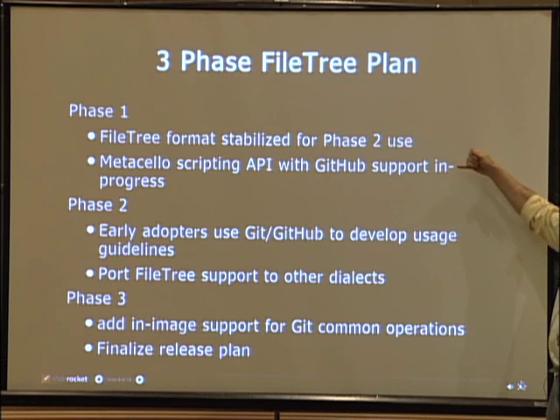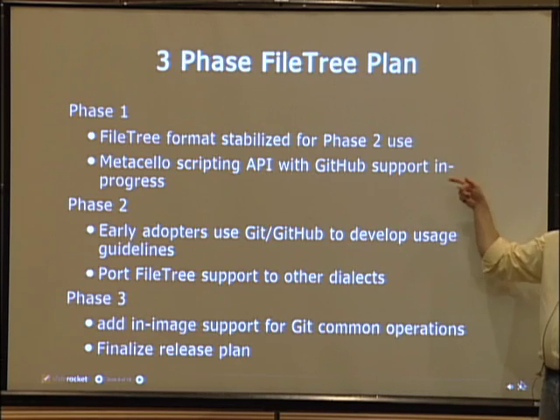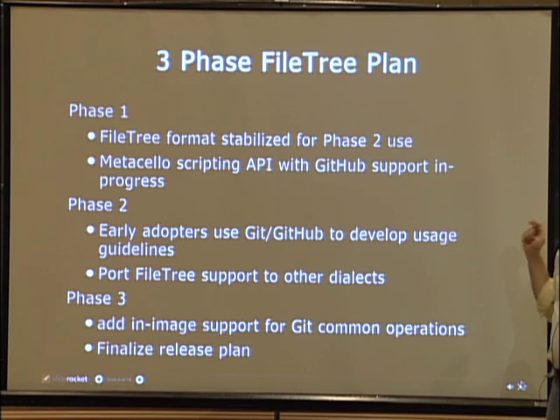The Metacello scripting API. So this is the other piece, all right? Metacello users in the Monticello universe need to have an easy way of integrating the GitHub style Git repositories into the development environment. Because when you're doing development with a file-based system, you've got this directory on disk that holds all the stuff. It doesn't change easily. Like if you're talking to a database, you can say, "Give me the source for that.